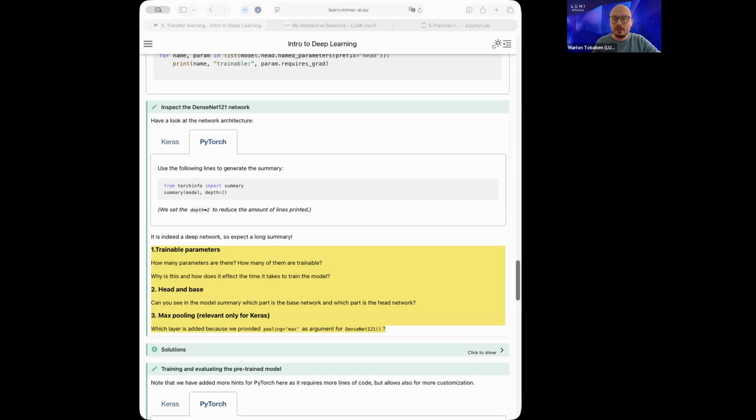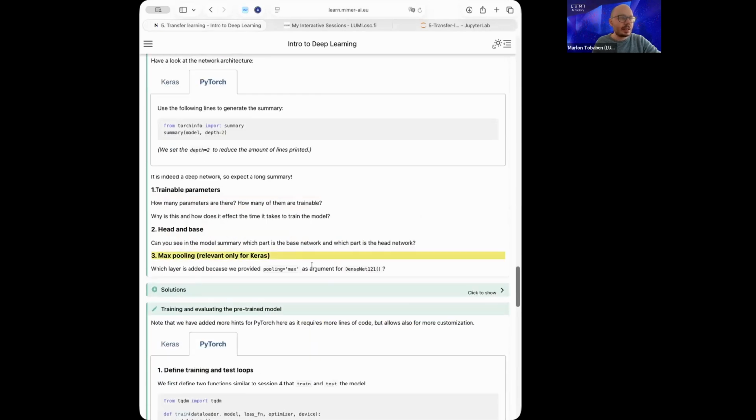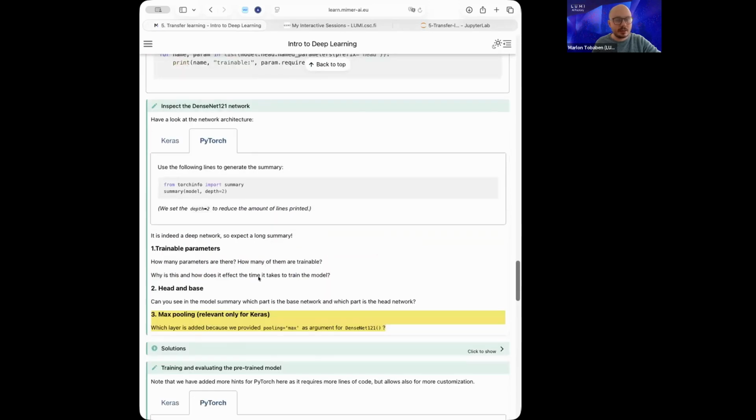The first question is how many parameters are there and how many of them are trainable? Why is this? And then, can you see in the model what is the part of the base network, or we call it the backbone, and what is the head? And then there is something very specific to Keras, so there's some stuff being passed there. I think the people with PyTorch can ignore that for now.